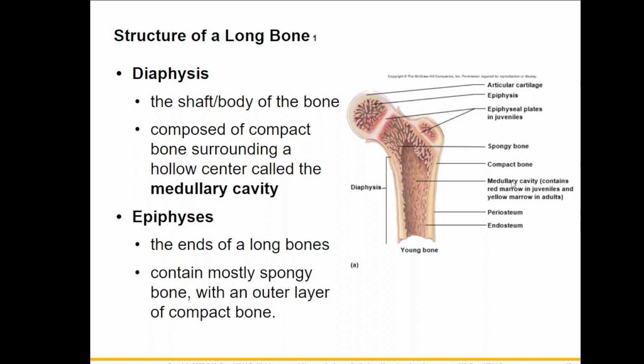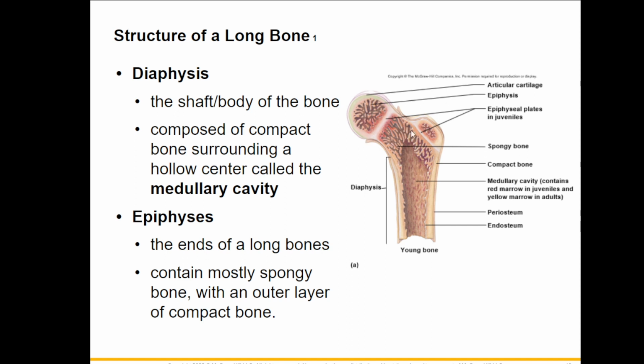They are actually your bone marrow as well. So we mentioned earlier that bone marrow is found in the spaces of the trabeculae of spongy bone, but they are also found in the medullary cavity. Okay? And again, what's the purpose of your bone marrow? Formation of blood cells. So that's your diaphysis.